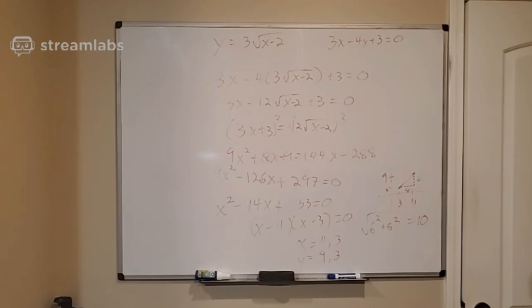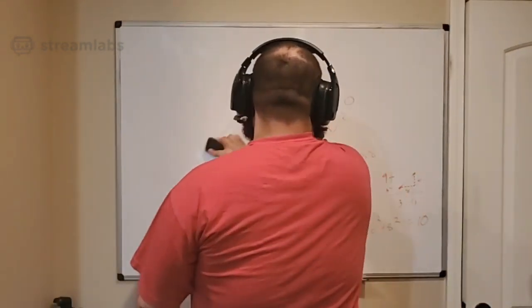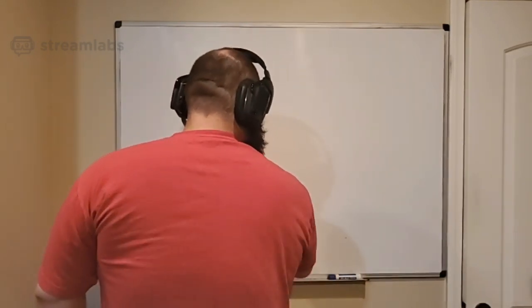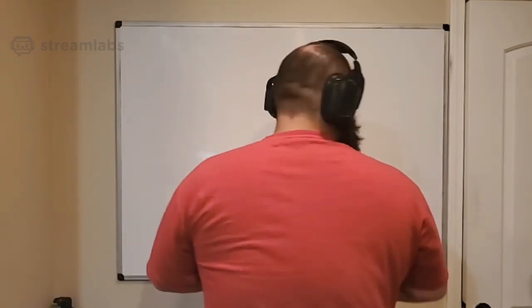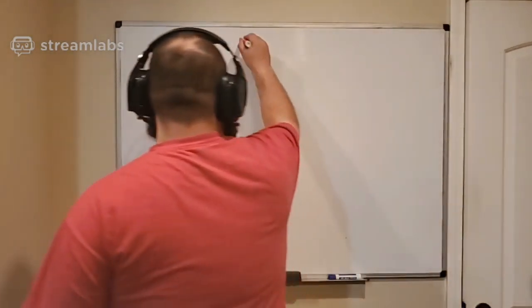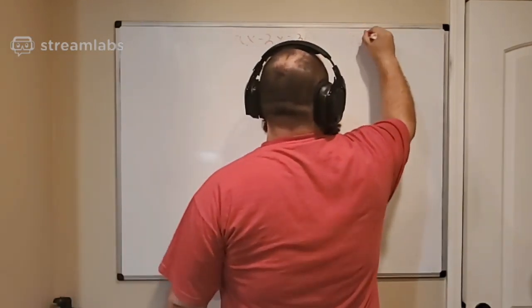Okay, so A is really easy to solve for. Alright, so we got minus 2y equals 70, and 10B.